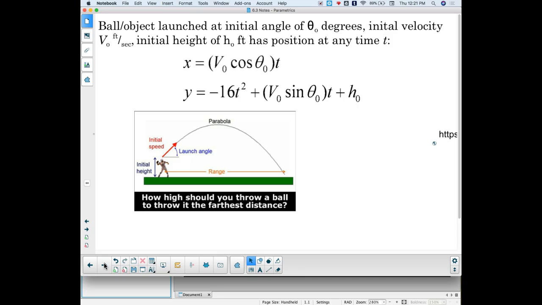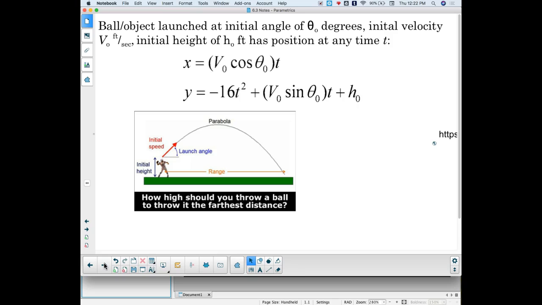Now remember, theta is in degrees. So with theta being in degrees, that means that on our graphing calculators, we're going to have to make adjustments, because our graphers are in radians. And all of that then is times t.